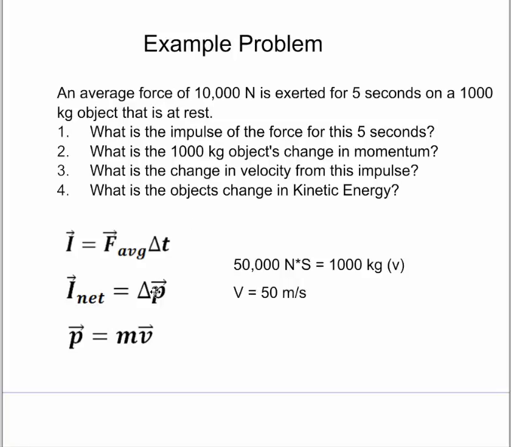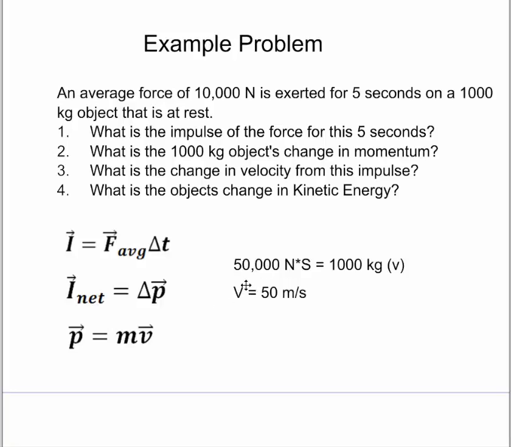So the change in momentum would be the 50,000 newton seconds subtracted from what I had in the beginning. Note here that newton seconds is the same thing as kilograms times meters per second. The units convert the same, because a newton is nothing more than kilograms times meters per second squared. If I multiply by seconds, I get kilograms times meters per second.